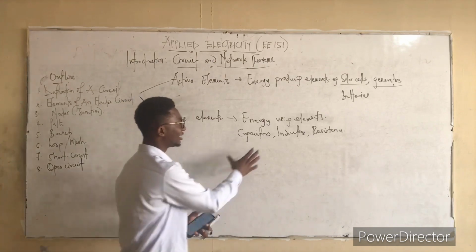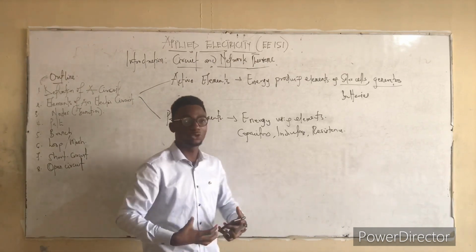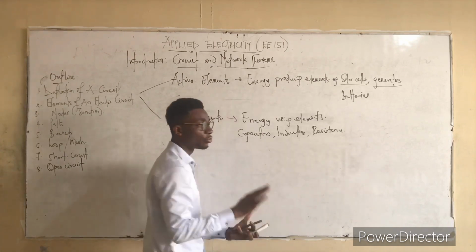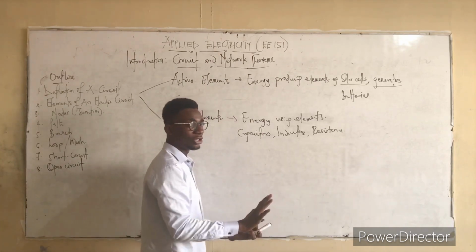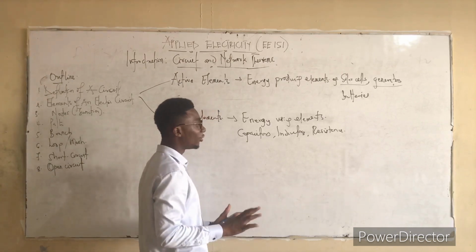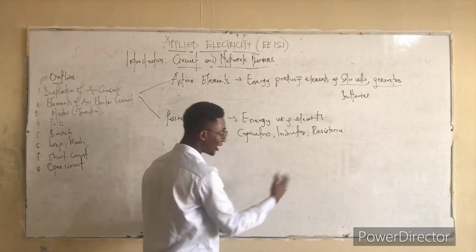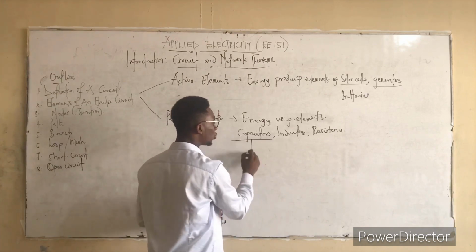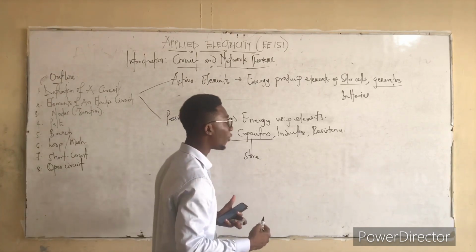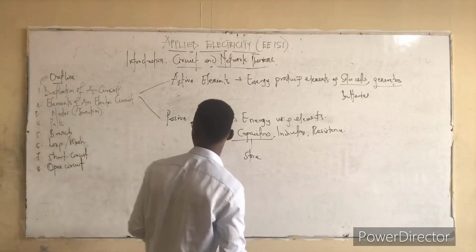For instance, the resistor will reduce the current flow, and that terminology is known as the resistance. The capacitor will also store the electric charges, and the inductor is meant for inducing the charges.